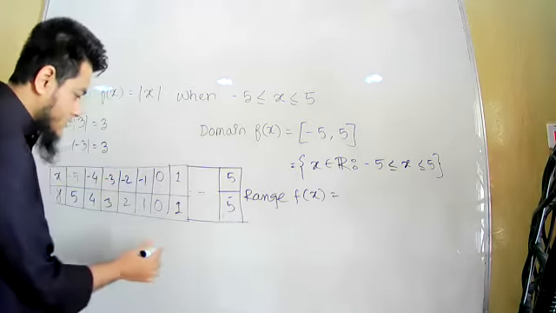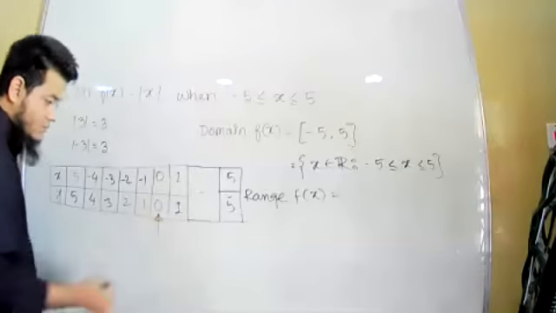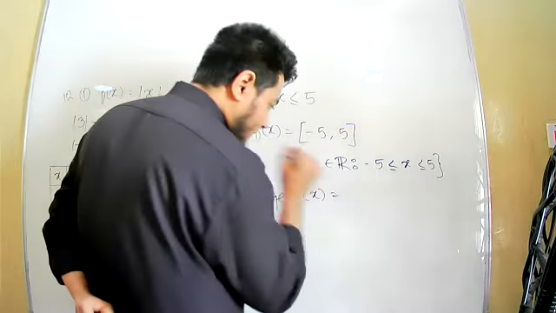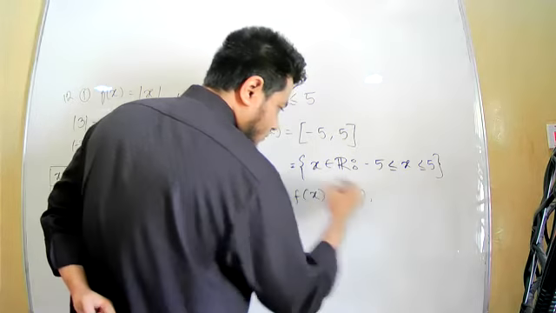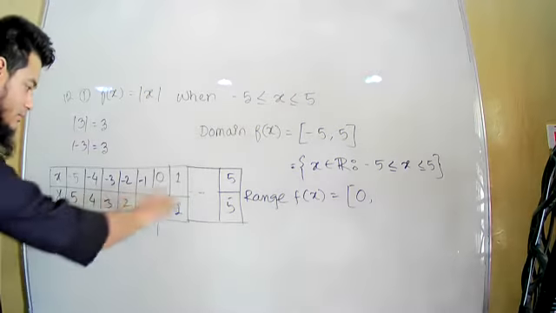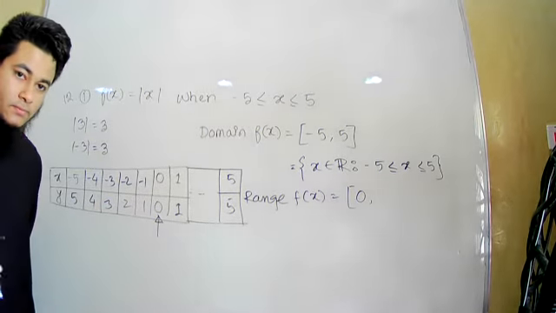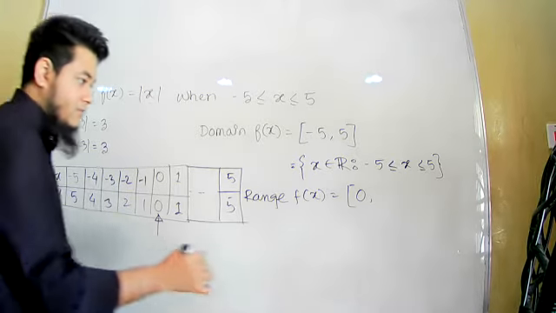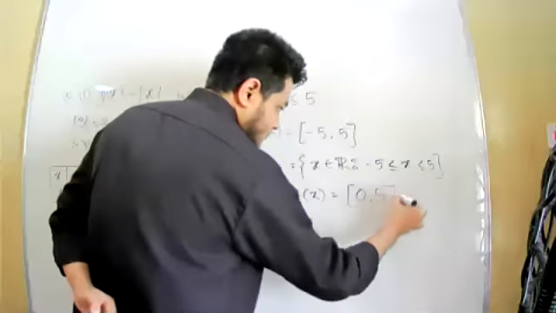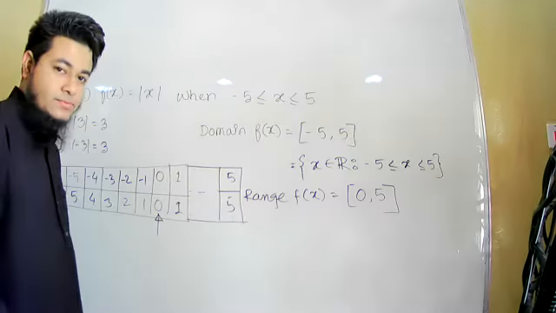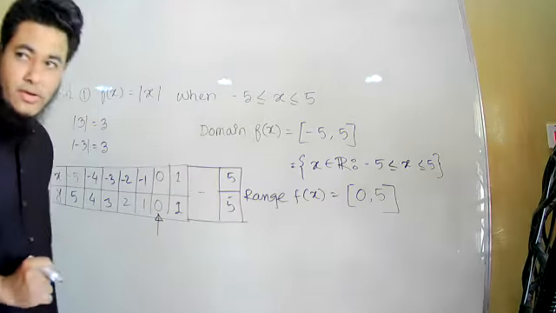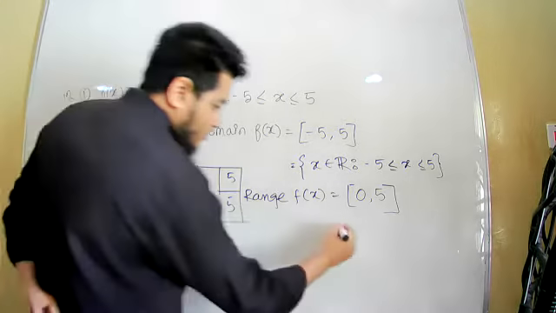The minimum value is 0. That means it will start from 0. Now tell me what is the maximum value? 5. This is the range. Or if you want to write it this way, you can write it.